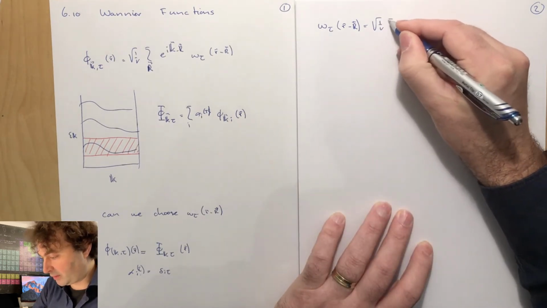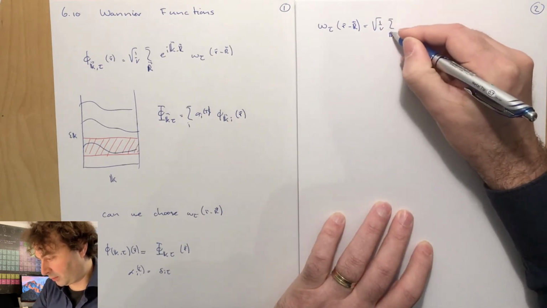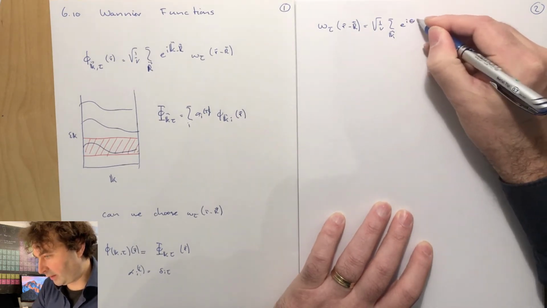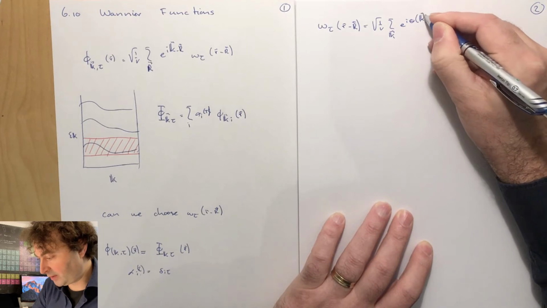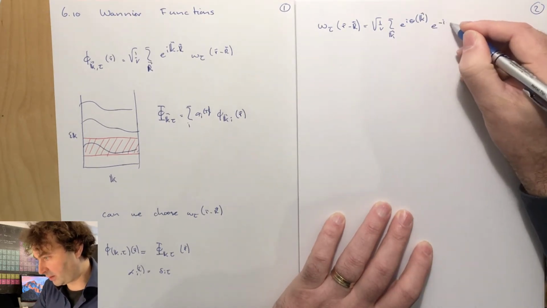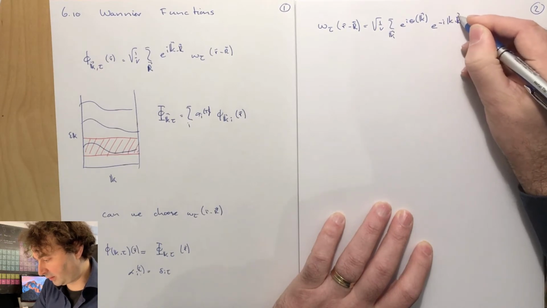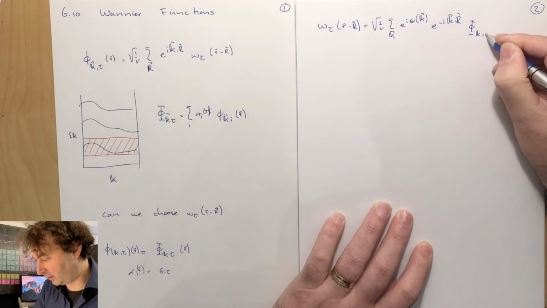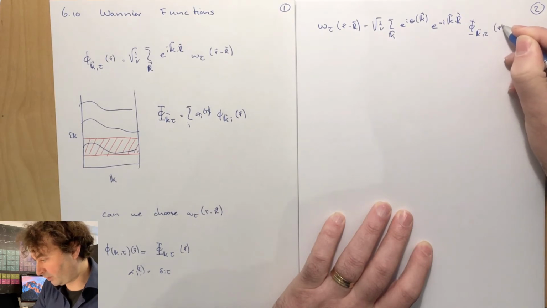So I have my normalization, I sum over all crystal momentum vectors. I can add an additional phase. I can come back to that later. Then we have e to the minus i k dot r, and then the band eigenstate k tau dot r.